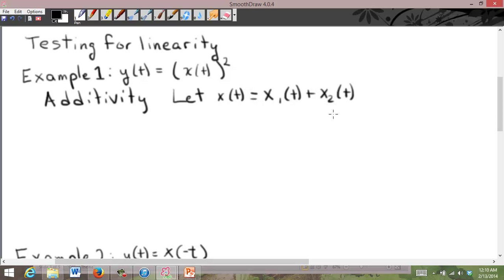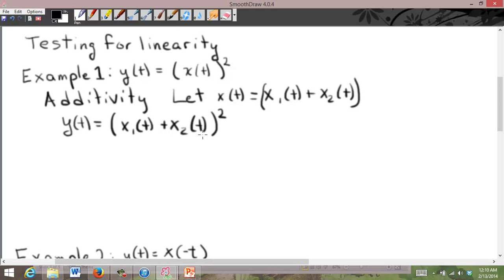You then put that through your system. In this case, where there was x of t, you replace it with x1 of t plus x2 of t. So y of t is equal to x1 of t plus x2 of t, quantity squared.